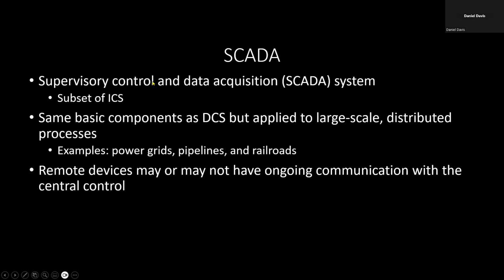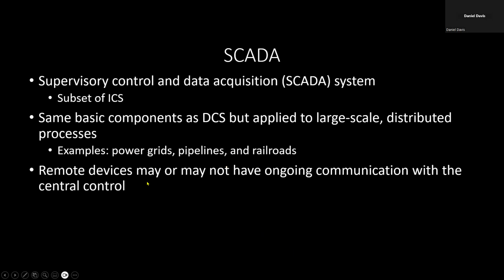SCADA is definitely a bigger acronym here. Supervisory Control and Data Acquisition. So that is SCADA. This system is a subset of ICS. It's the same basic components as a DCS, but it's applied to a larger scale. Examples of this would be something like power grids, pipelines, and railroads.